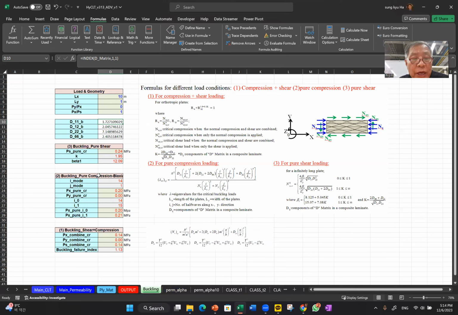Once we have a layup sequence, this D is a critical one. This will be calculated automatically from this worksheet. And then, as you can see, all the numbers in red will be the output.